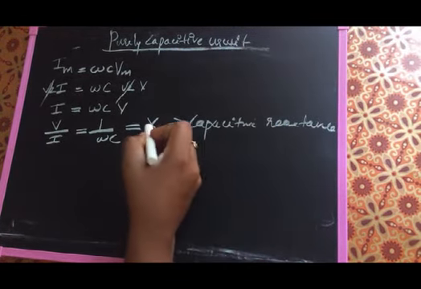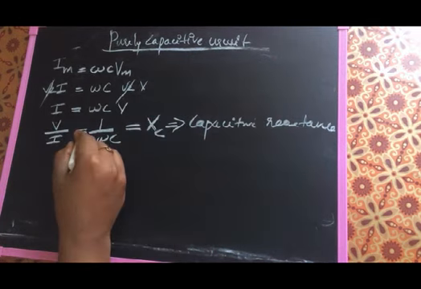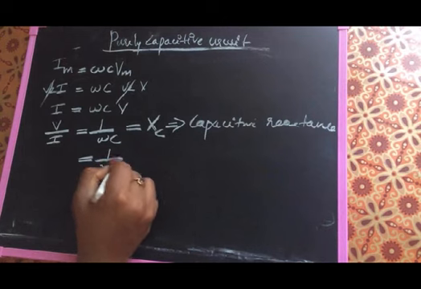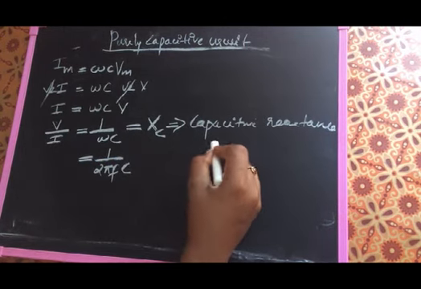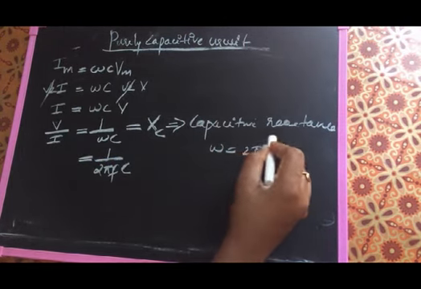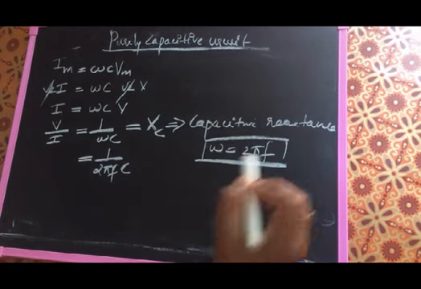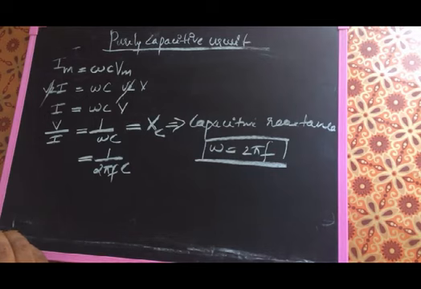So the capacitive reactance is Xc is equal to 1 by omega C, that is equal to 1 by 2 pi Fc, where omega is equal to 2 pi F. So we have learned three terms.